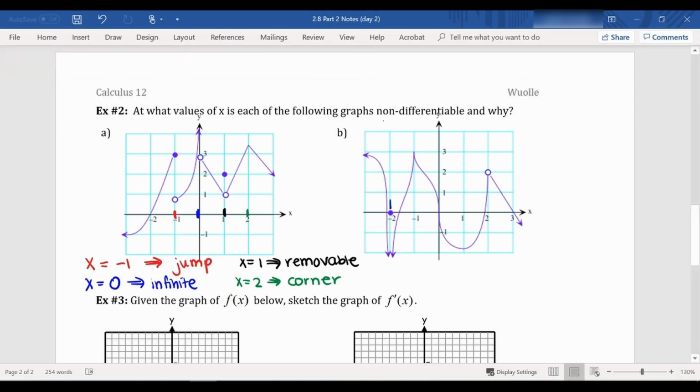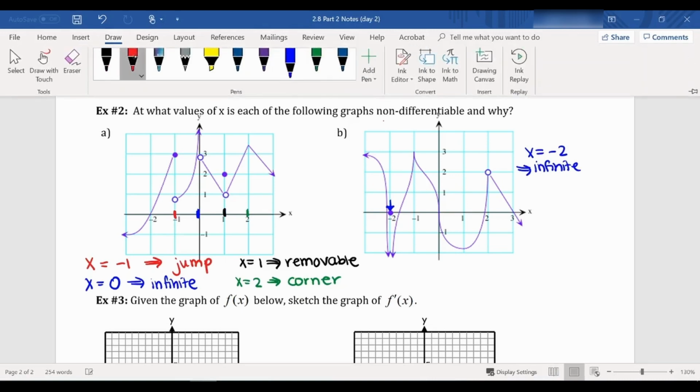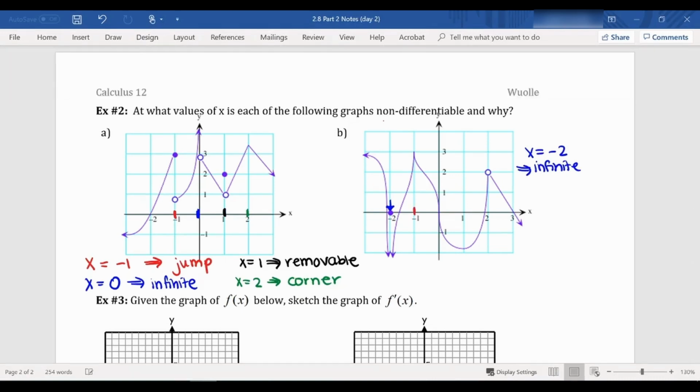So we have discontinuity at x equals -2. This would be infinite. We have discontinuity at x equals -1. This is a vertical tangent line.